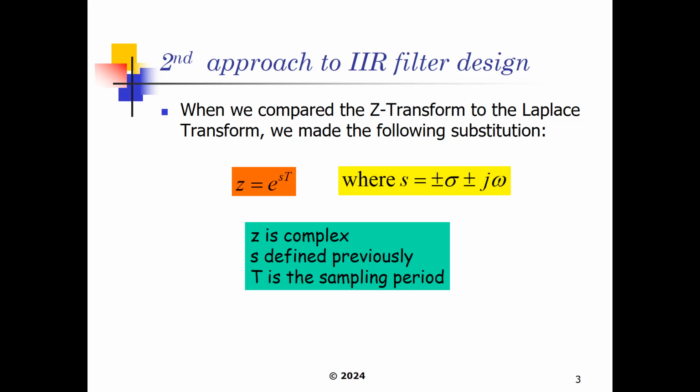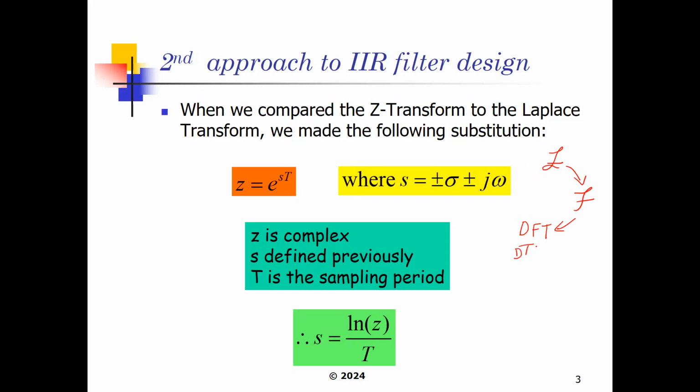And if you remember the approach, you have the Laplace transform, then from the Laplace transform you have the Fourier transform, then from the Fourier transform you have the discrete Fourier transform, or the DTFT, whichever one. And then between these two you had the relationship between the continuous time domain and the discrete domain.